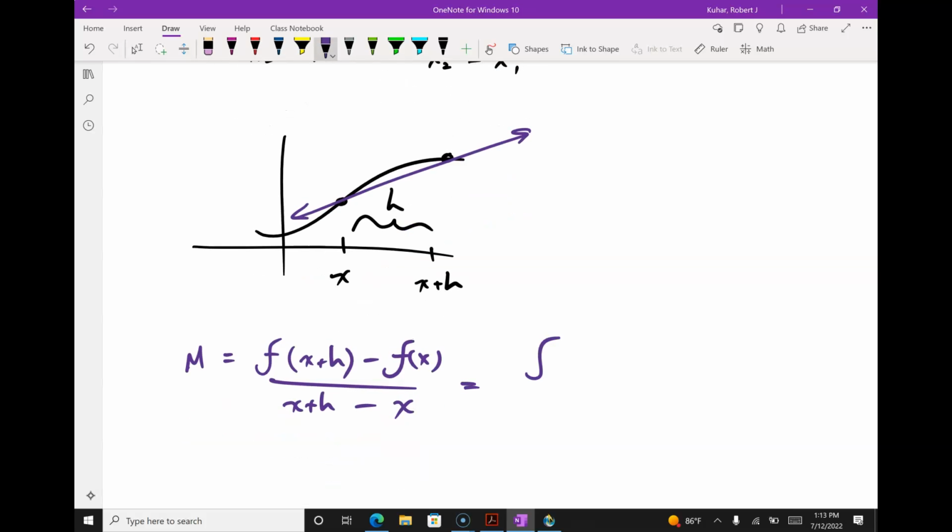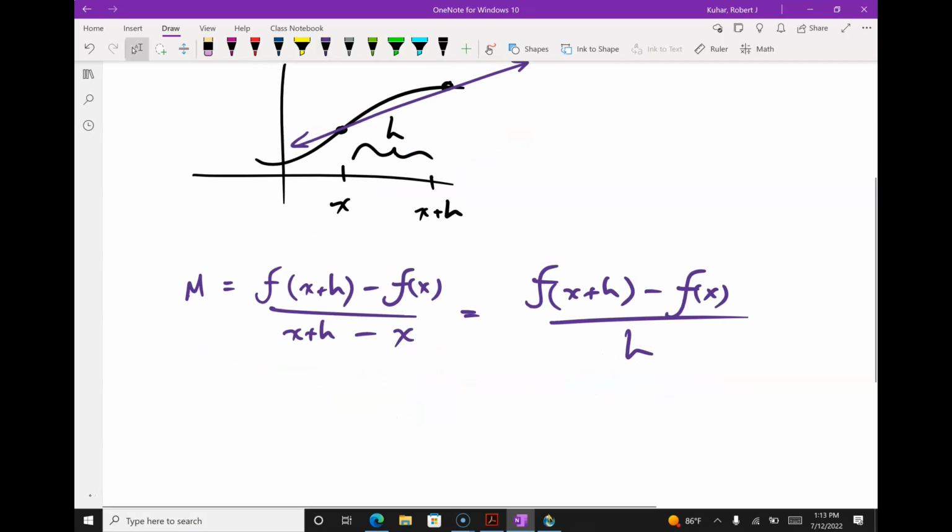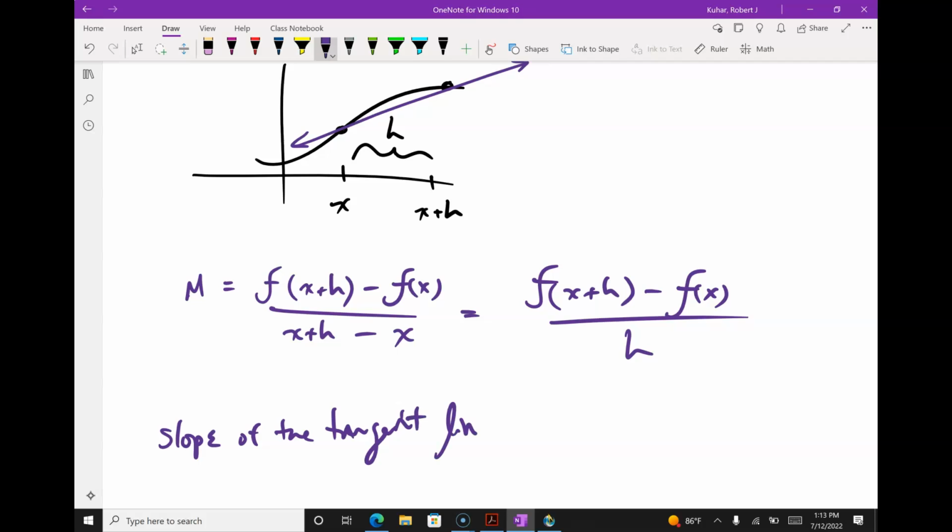What simplifies? h. So we'll say that the slope of the tangent line equals the limit as h goes to 0 of the slope of the secant line.